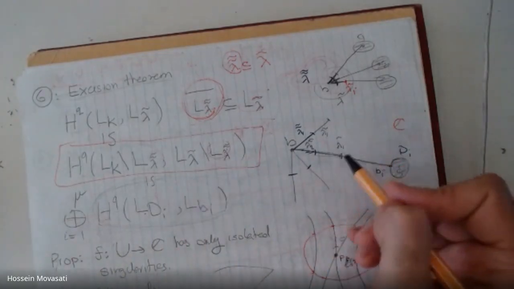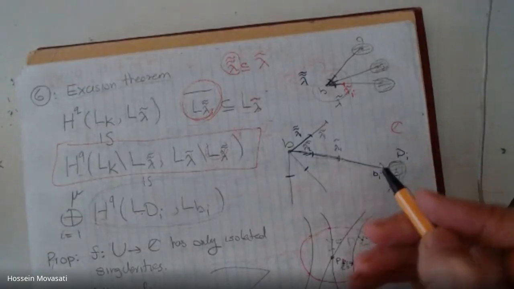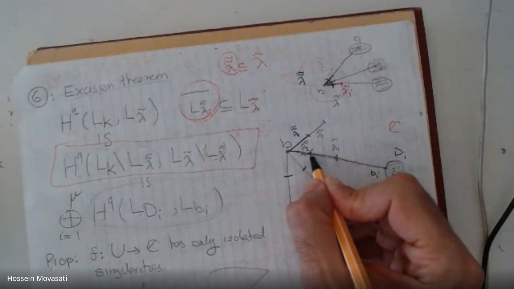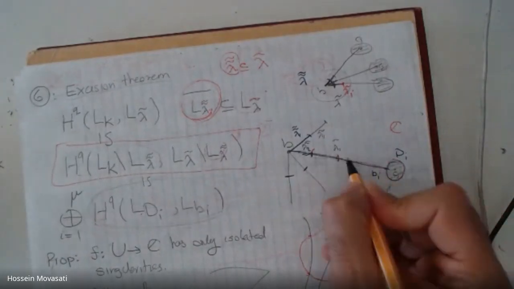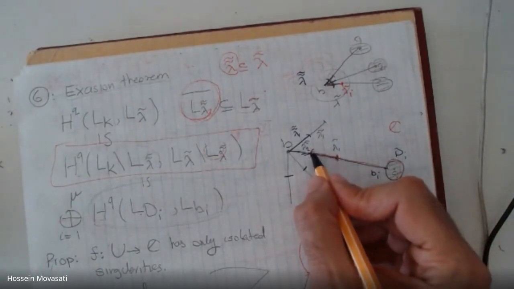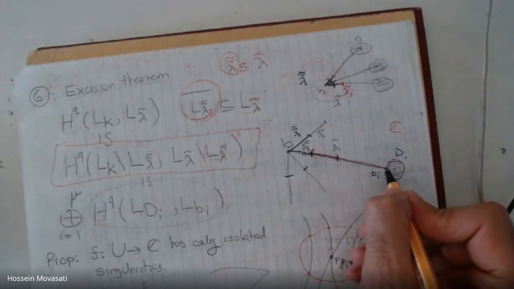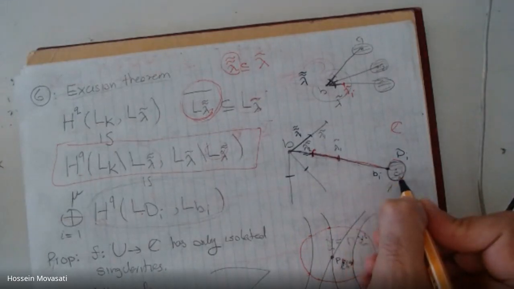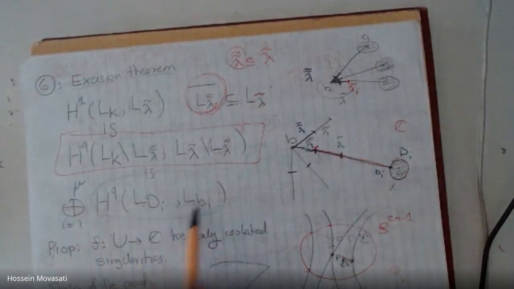And what are these BI? Let me explain. Once you cut L double tilde lambda, you will have a union of cohomologies of this whole guy with boundaries here. But this boundary, which is an interval, can be retracted to the point BI, which is the intersection of lambda I with DI. So at the end of the day, we will have this union HQ of L DI, LBI.